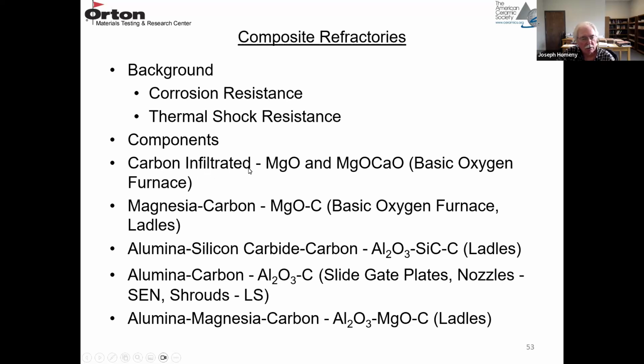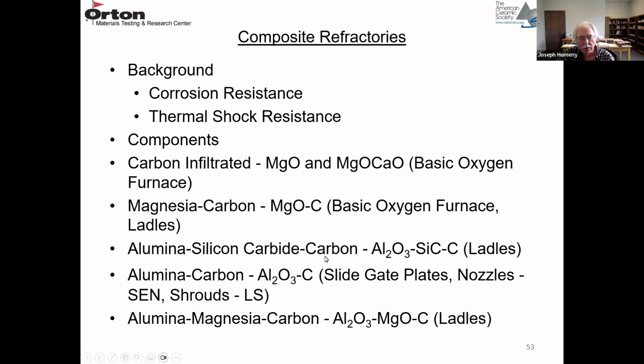This is more historical. This was started in the 1970s. So this is the first type of composite material from the 1970s. And then the current materials are magnesia carbon for basic oxygen furnaces and ladles. The original carbon infiltrated materials were for basic oxygen furnaces.